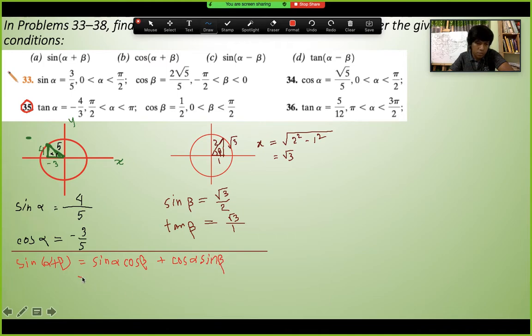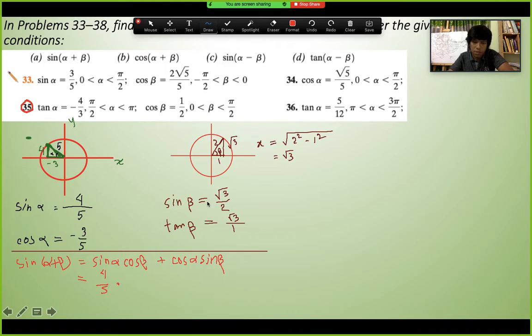This equals to sine alpha. So sine alpha equals to 4 by 5. We can see it here, 4 by 5. This is why we have done this calculation, so that we can use the value directly here.